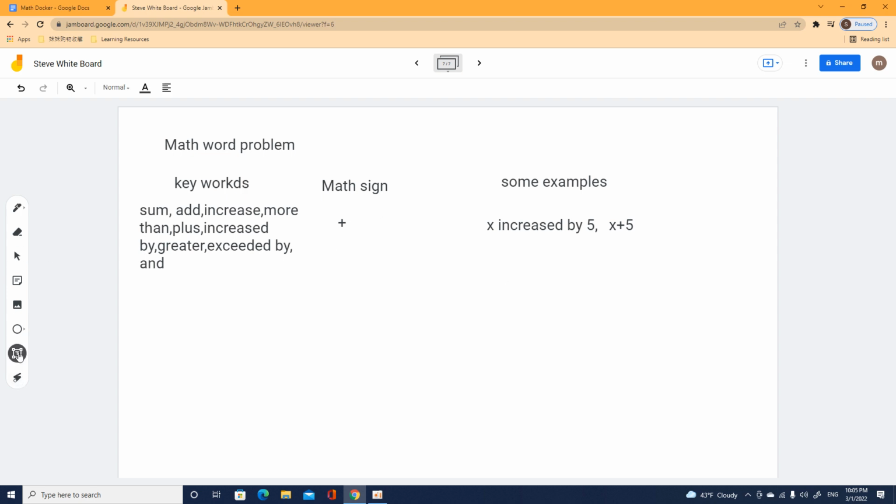Another example is the sum of x and 2. Basically this means x plus 2. This is about the plus sign.